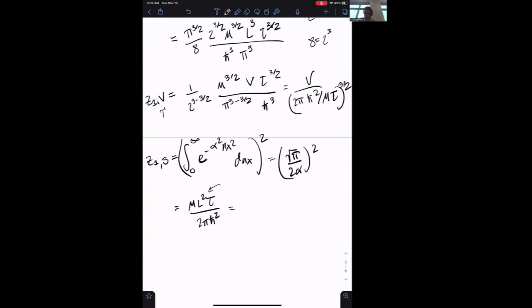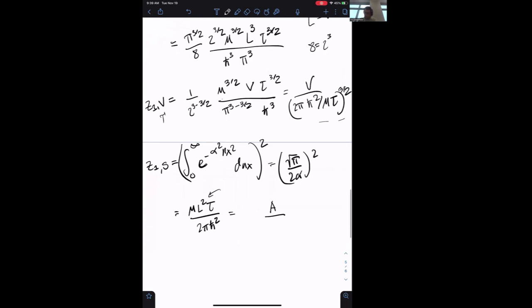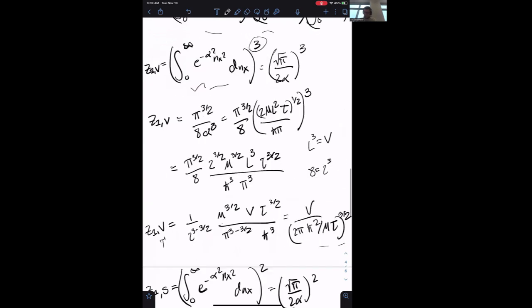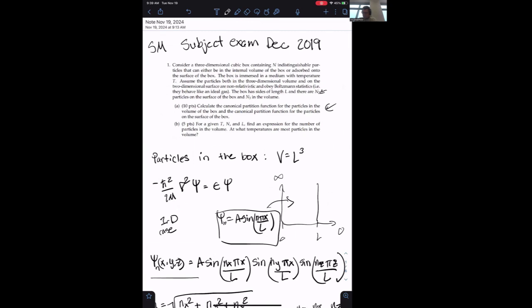So if we want to write in a similar format to this, we're going to have A over 2 pi h bar squared divided by m tau. And then if you did it like the way I did it here, one thing you have to remember is that the cube looks something like this.